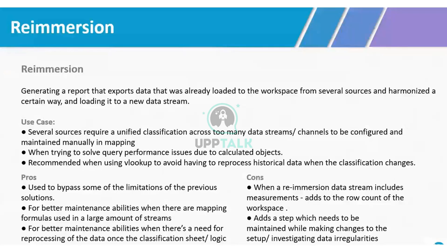We take it out, and we feed it back again, but while feeding it back as a new data stream, we are not mapping the measurements, that is impressions or clicks. Why? Because it is the same data that we took out and are feeding back. If we map the measurements, my impressions and clicks double up.